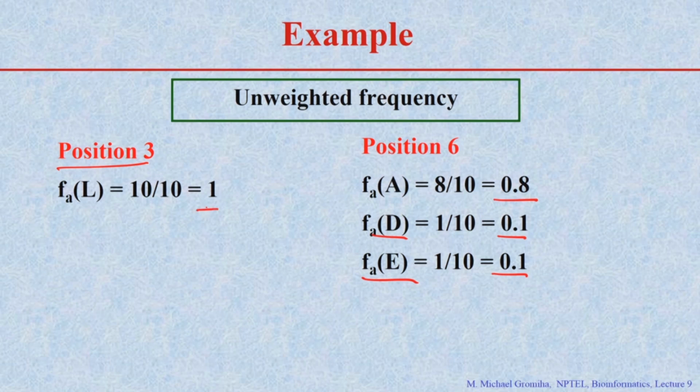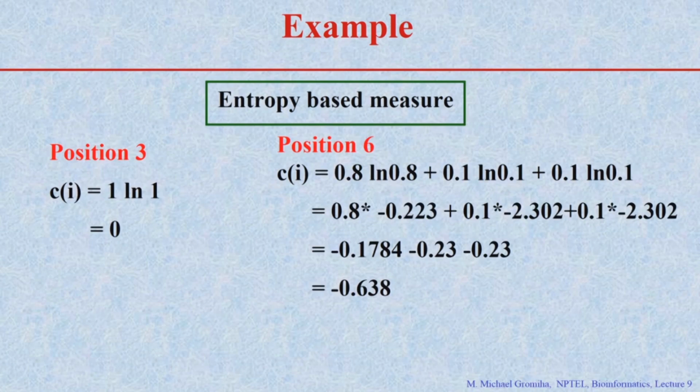Now we convert these frequencies into scores. If we take the entropy based method, C of I, the score for position 3 is 1 into logarithm of 1, which is equal to 0. If you take position number 6, the equation is f of I into logarithm of f of I, summed for I from 1 to 20.